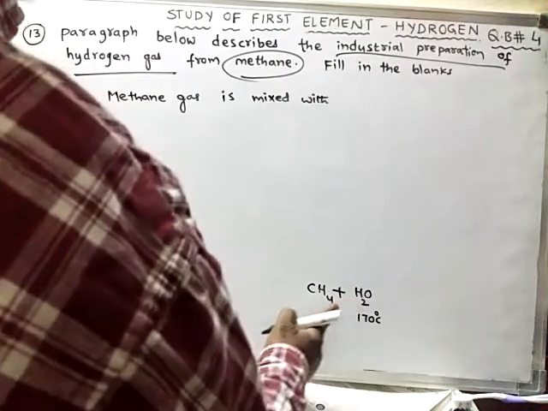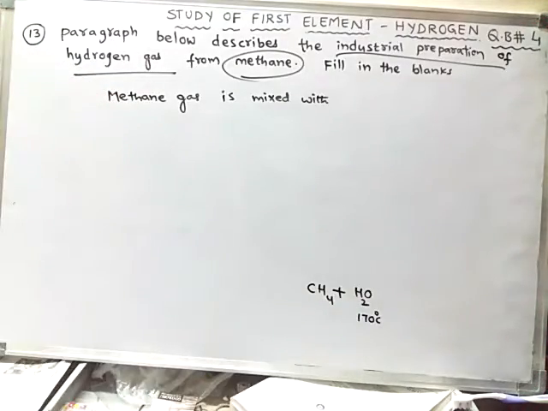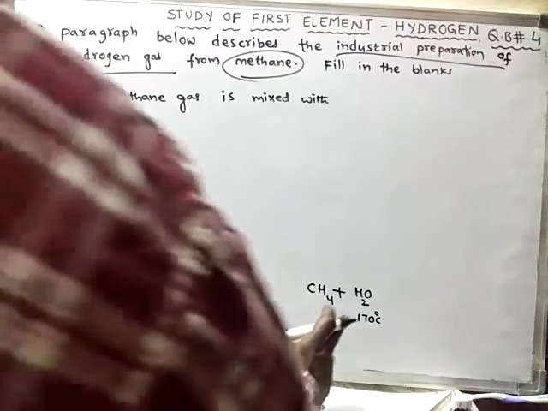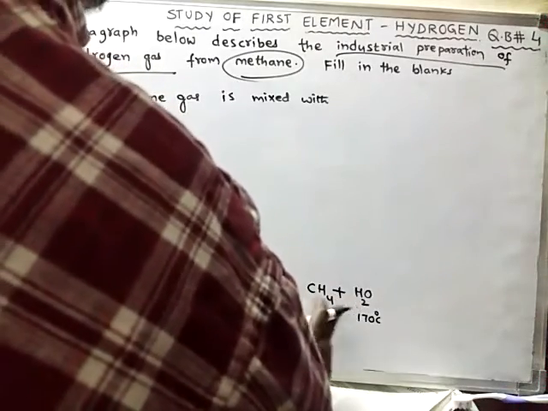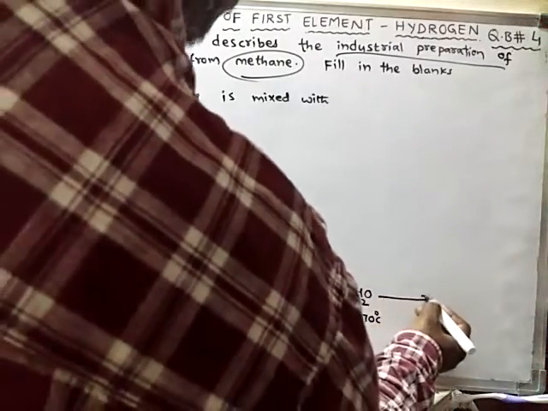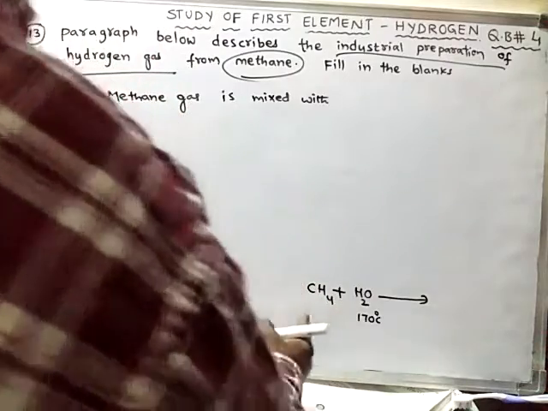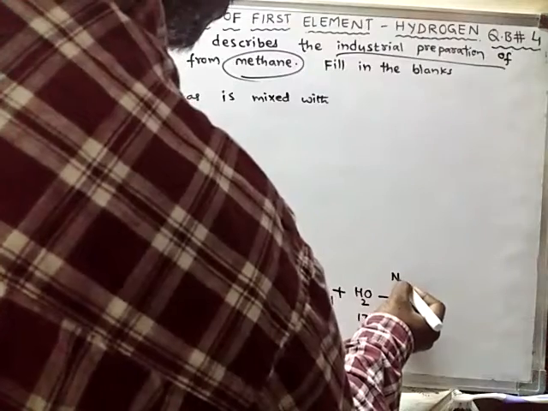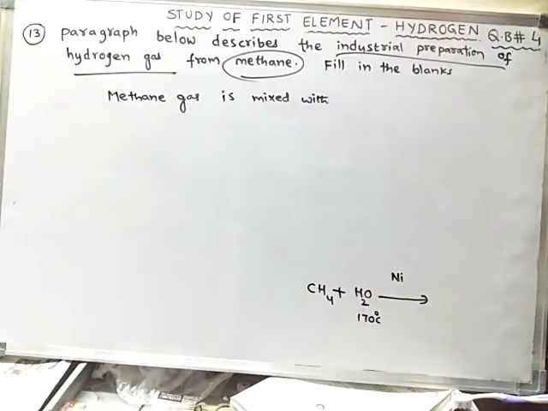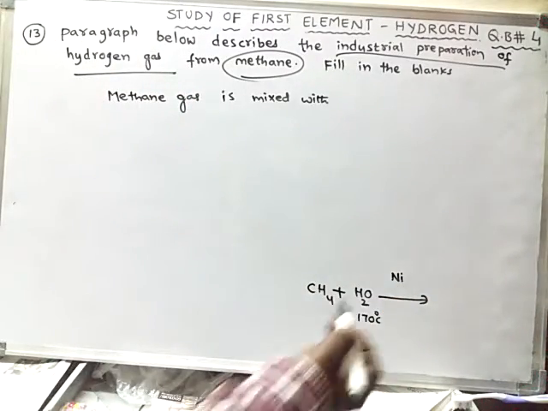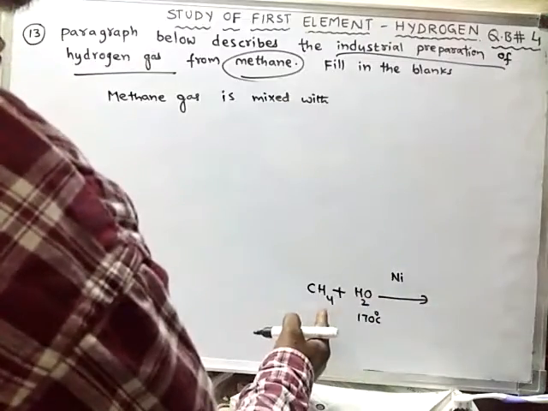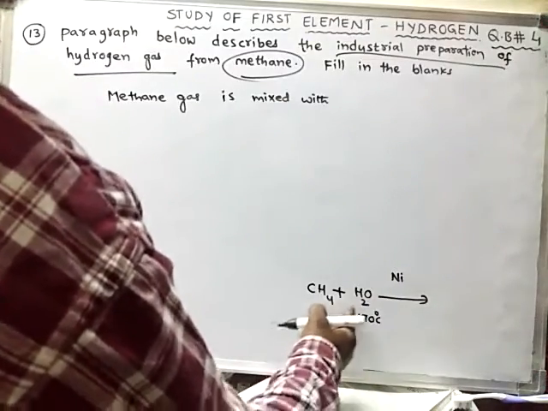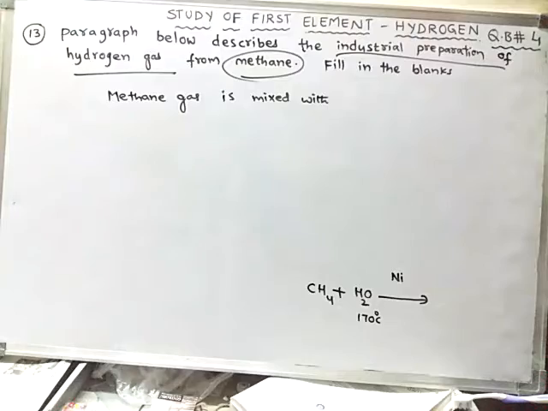That steam will react with methane. In order to make these two substances react, we have to use a catalyst known as nickel catalyst. Nickel catalyst will help these two substances react fast.